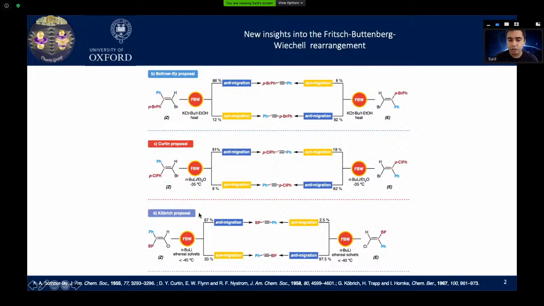So basically, you have the same vinyl halide compounds. You employ low temperatures and organolithium compounds, and whether you employ polar or non-polar solvents, you will see that these stereoselective results are preserved in both cases.